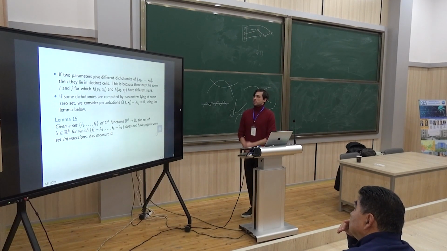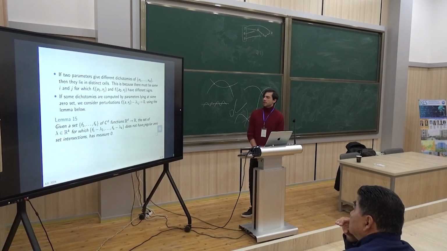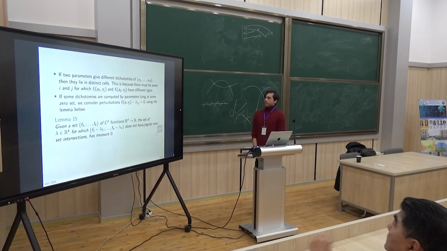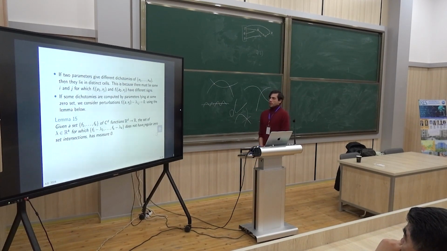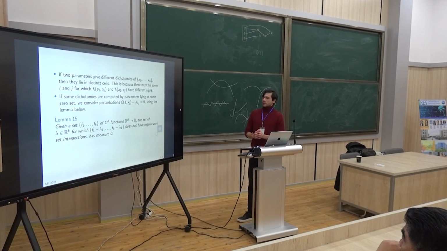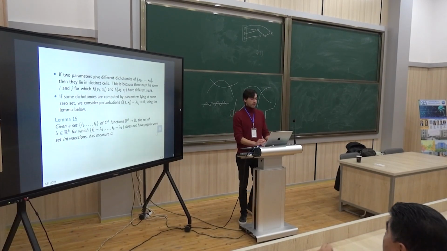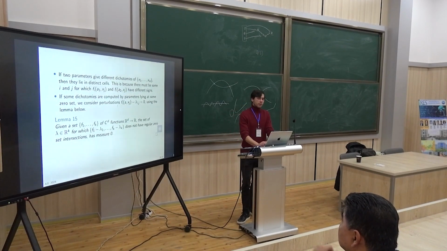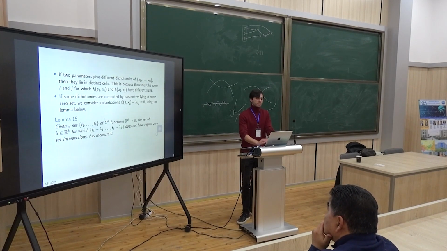Yeah, so this is just providing a little bit of explanation for that. And then there's a little bit of work that needs to be done in the sense that, what happens if you have parameters that are sitting in some particular intersection or some zero set, and you can actually argue that we need to consider these different connected components because we can perturb them using the fact that our function class contains constant functions.